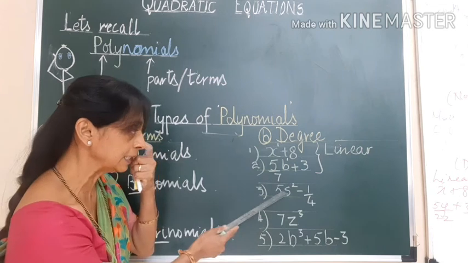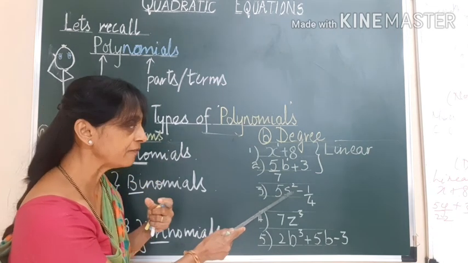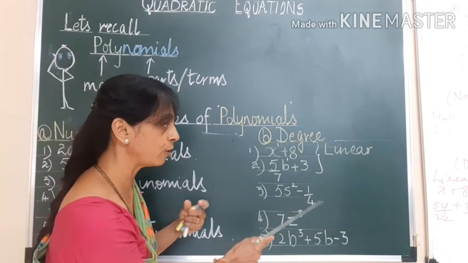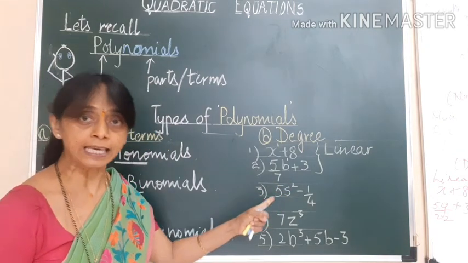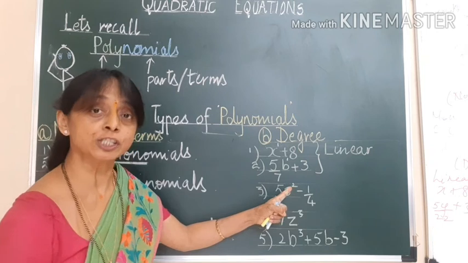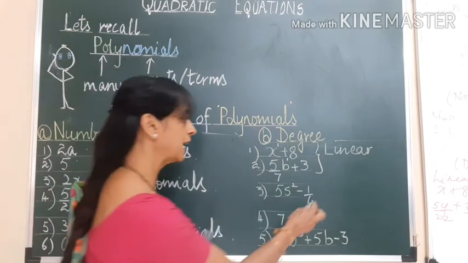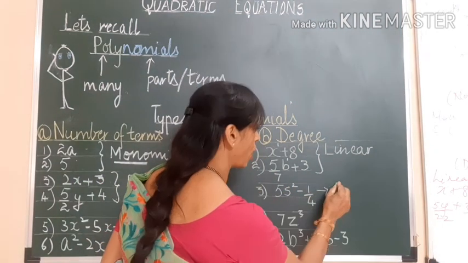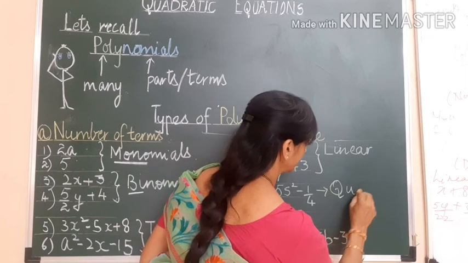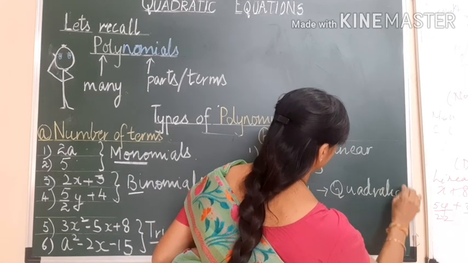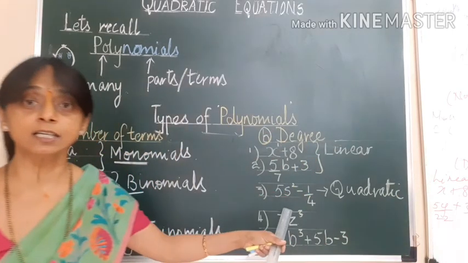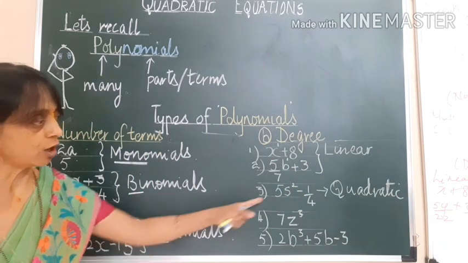So, let's take the earlier example, 5s squared minus 1 upon 4. The degree of the variable s in that polynomial is 2. So, it can be called a quadratic polynomial.